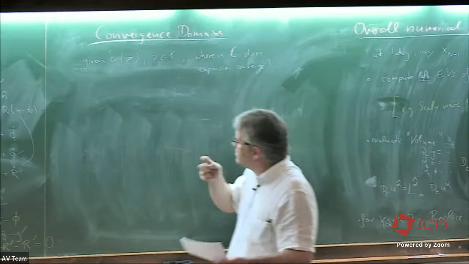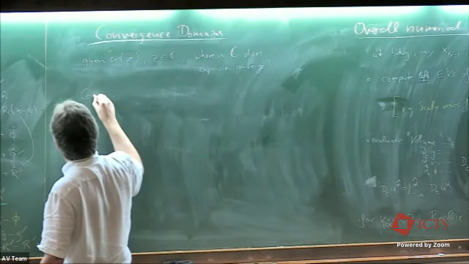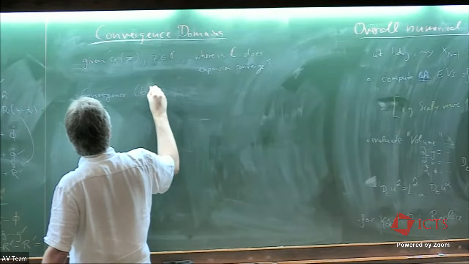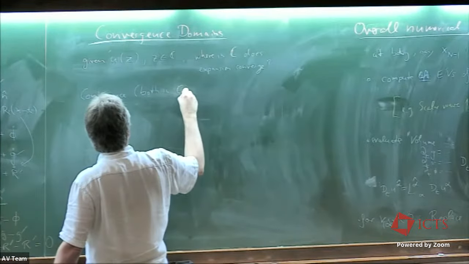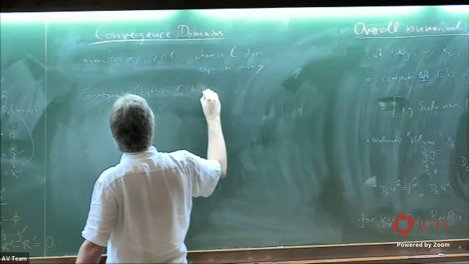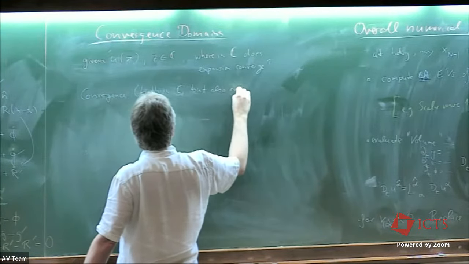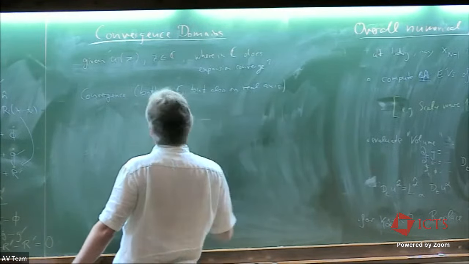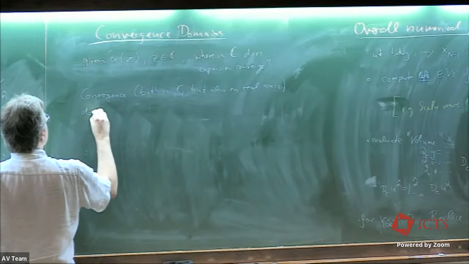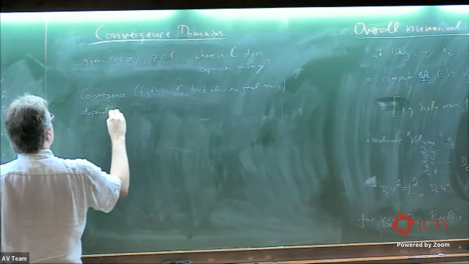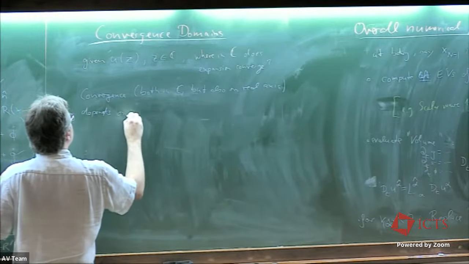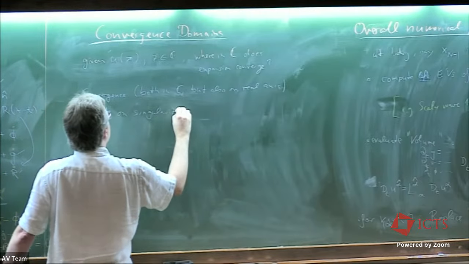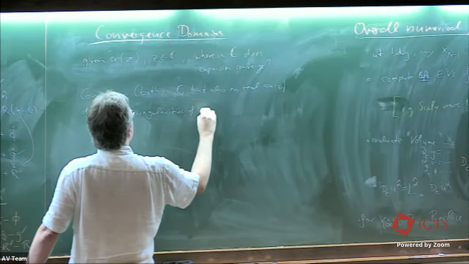And it turns out the convergence, both in C but also on R, depends on the singularities of u of z.